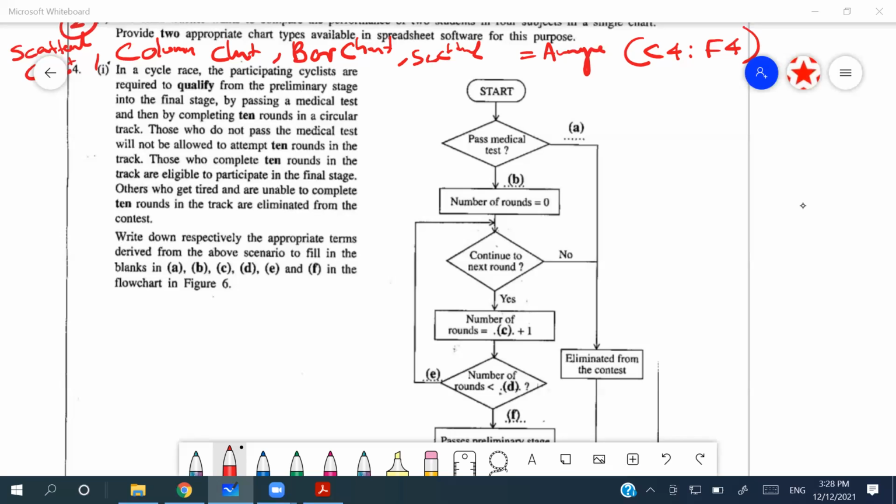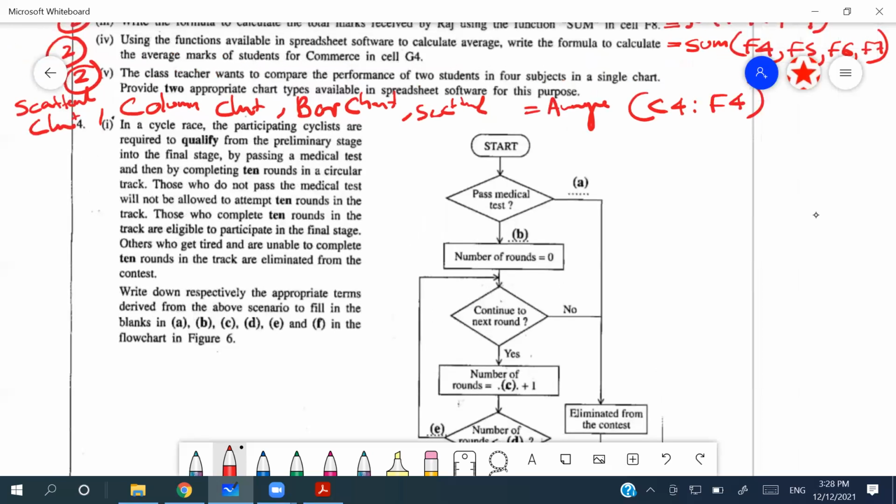All right, moving to the fourth question. Now, it says in a cycle race, the participant cyclists are required to qualify from preliminary stage into final stage by passing a medical test and then by completing 10 rounds in a circular track. Those who do not pass the medical test will not be allowed to attempt 10 rounds in the track.